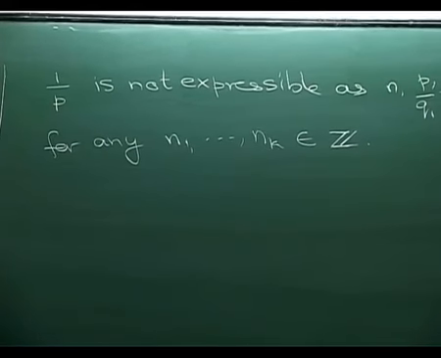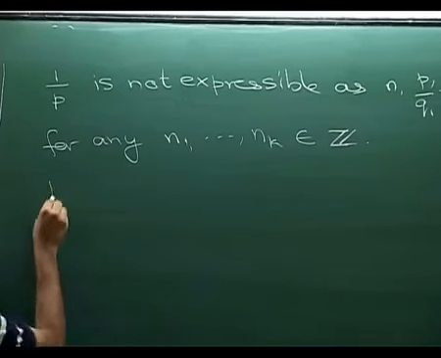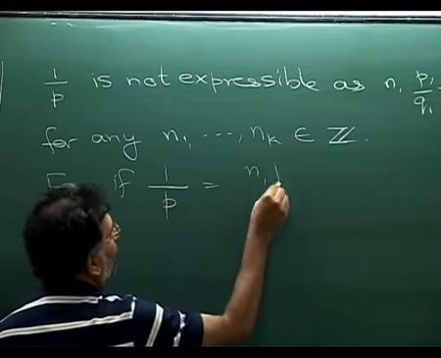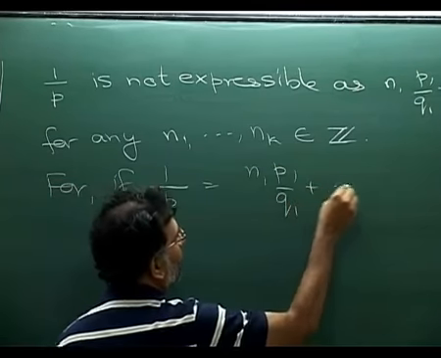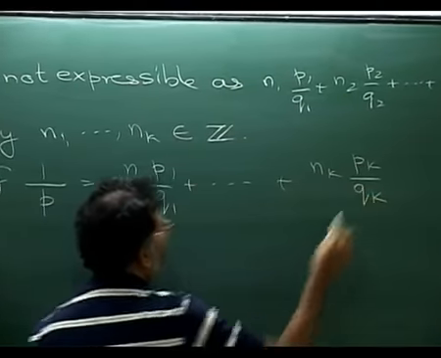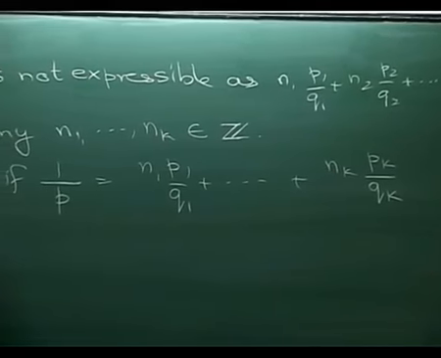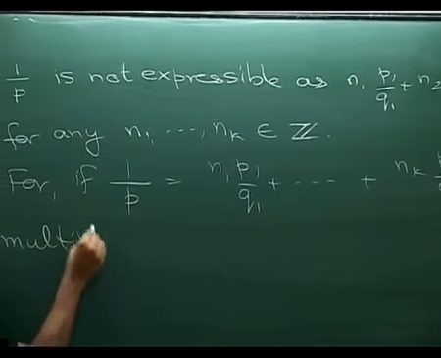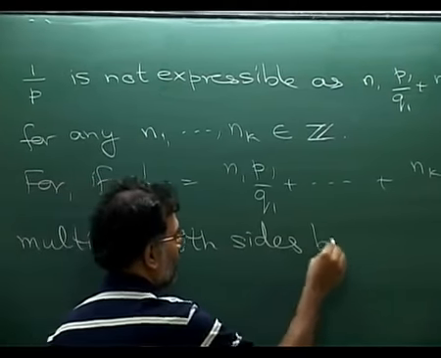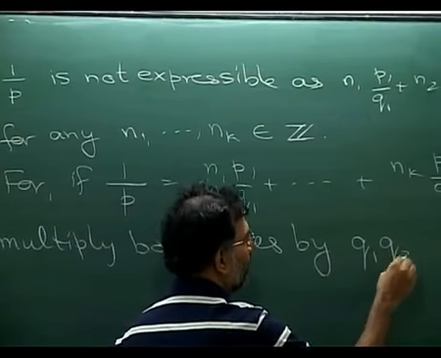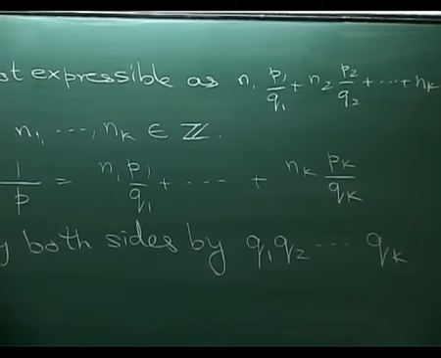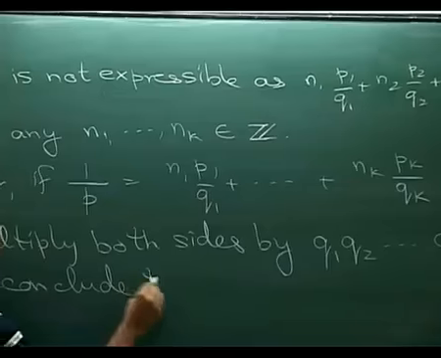I want to say you cannot write 1 by P in terms of this, and that's easy to see, because if 1 by P was equal to N1 P1 by Q1 plus up to Nk Pk by Qk, multiply both sides by the product of Q1 up to Qk. So what do you conclude?